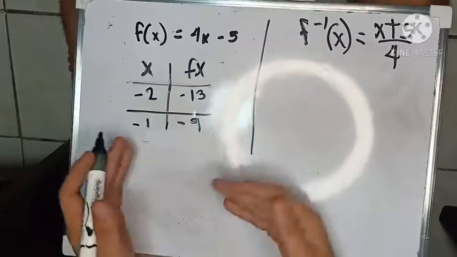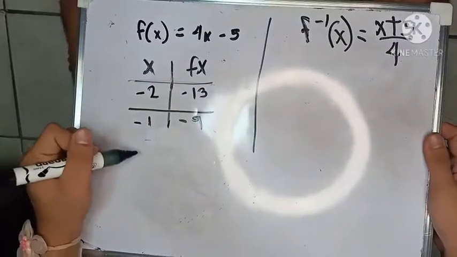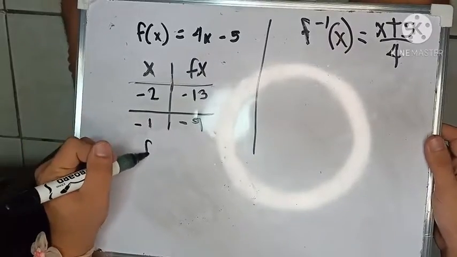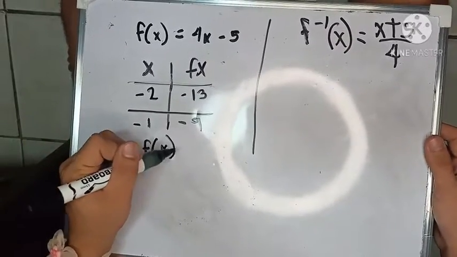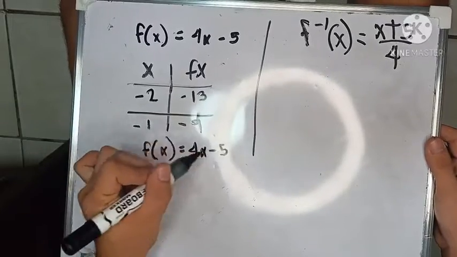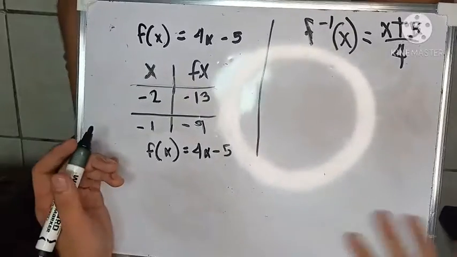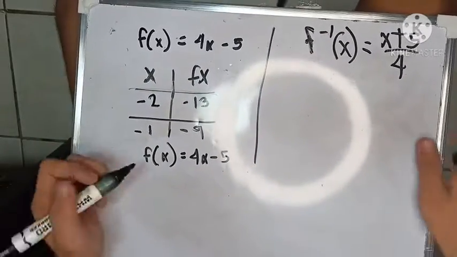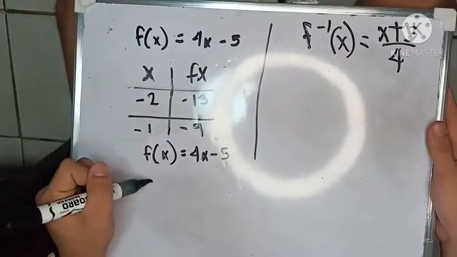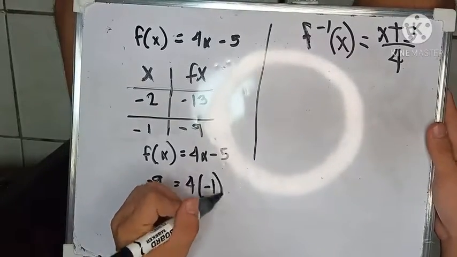Let's try it out again from what we've done earlier. f(x) would become negative 9, 4 times negative 1.